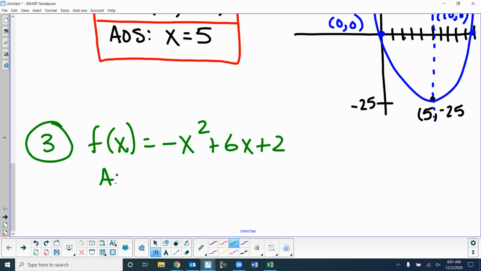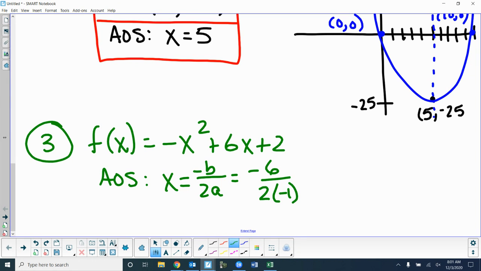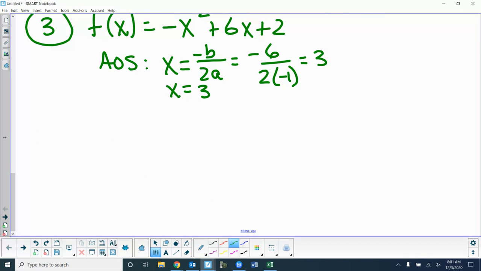Axis of symmetry, remember, is x equals negative b over 2a, that little formula. So that'd be negative 6 over 2 times negative 1, which is a positive 3. So x equals 3. That's one answer there.